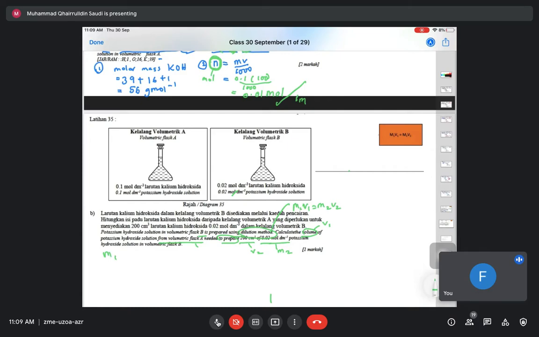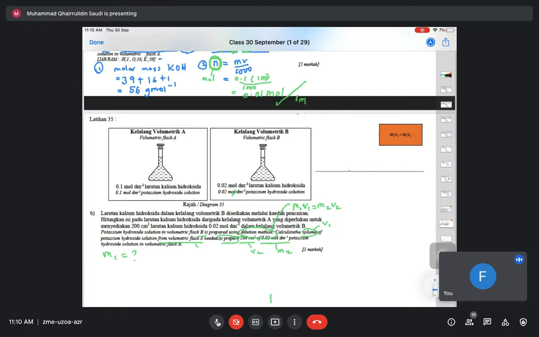What is our M1? 0.02. M1, 200. M1 berapa tadi? Sekali lagi? 0.1. How do you know it is 0.1? Because 0.02 is M2.